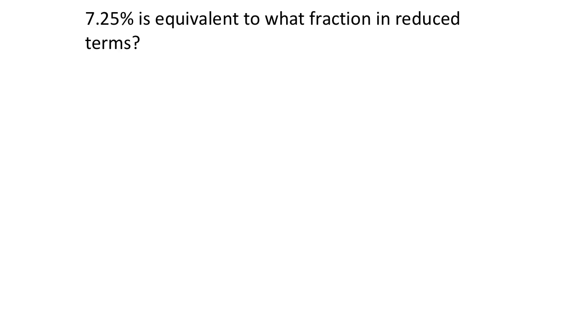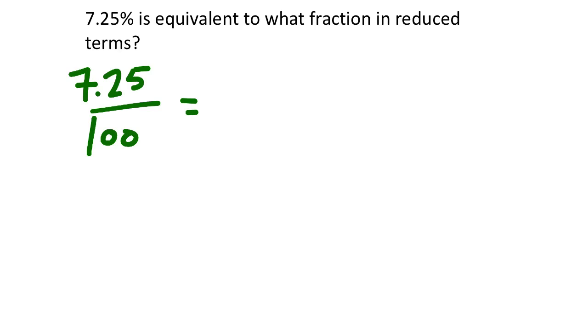So on this one, 7.25% into whatever reduced fraction it is. Now, 7.25%, we would say, well, look, you're just going to take the percent and divide it by 100, right? Now, the calculator will give me that as a decimal. I actually don't know what it is. We could divide by 100, and it gives me this decimal.